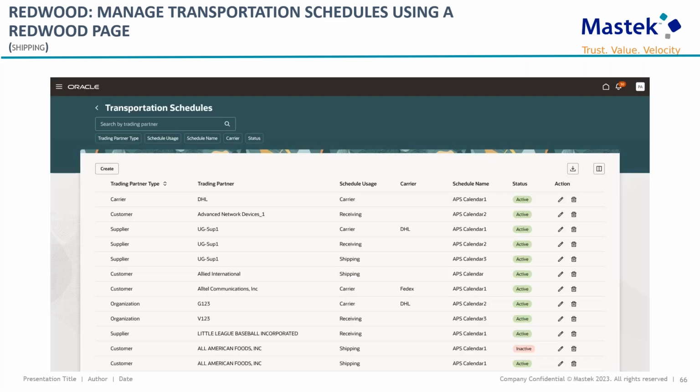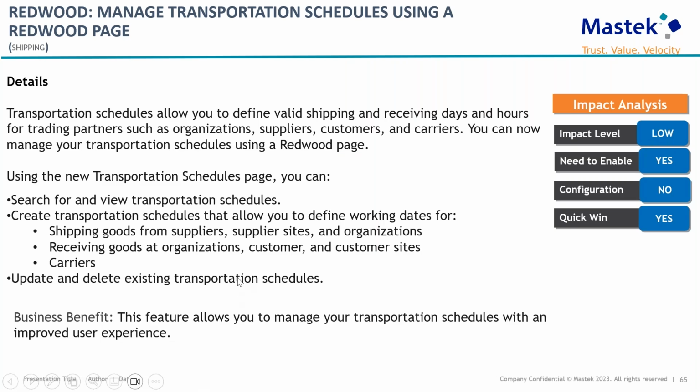This is where we will be doing what we just discussed. The benefit is it allows you to manage your transportation schedules more effectively. The impact is low. We do have to manually enable this feature. There is no configuration required, and it is considered a quick win for the business.